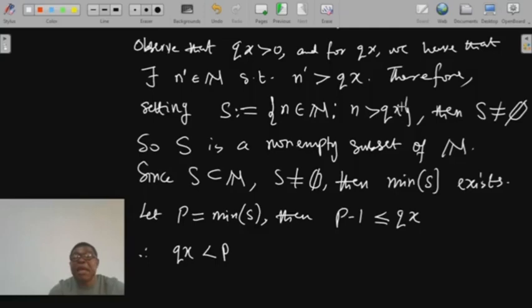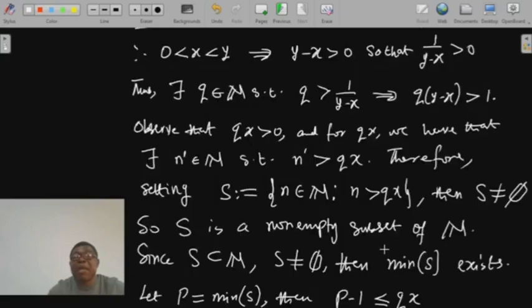And P bigger than Qx is the same as saying that Qx is less than P. And this P is nothing but P minus 1 plus 1. And this P minus 1, we've already seen that P minus 1 is less or equal to Qx. So this will be less or equal to Qx plus 1.